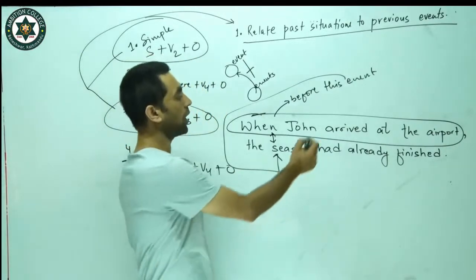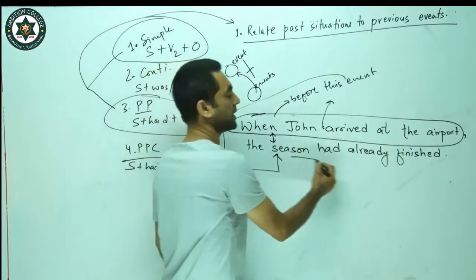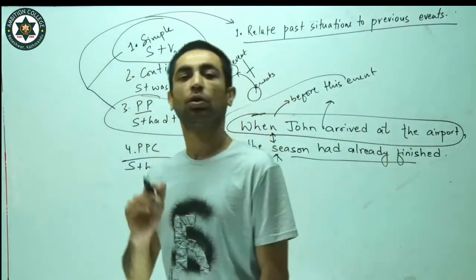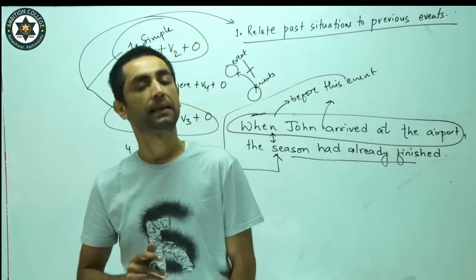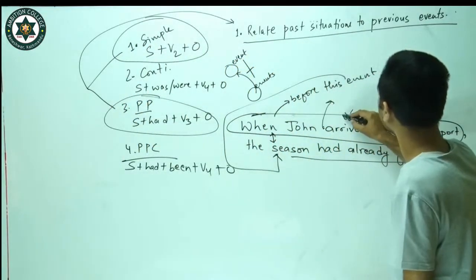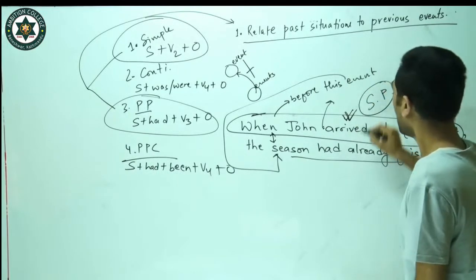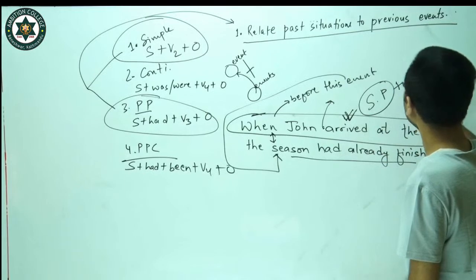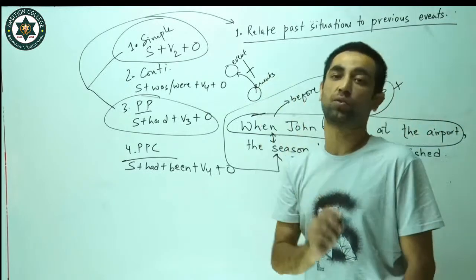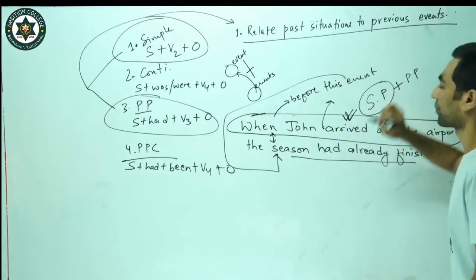That means John arrived, and before this, the other event had already occurred. So how we presented this is, we presented the first situation with the help of simple past, and we added the previous event that preceded this situation with the help of past perfect.